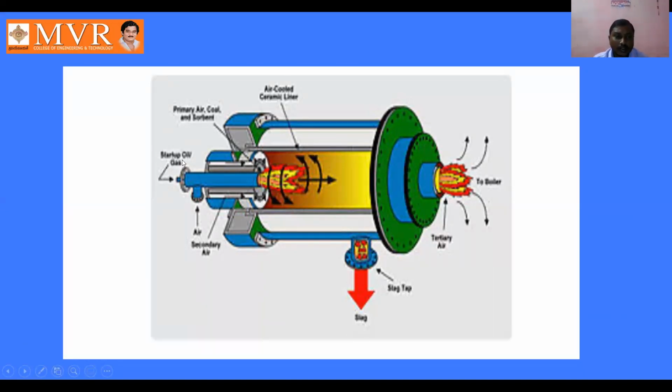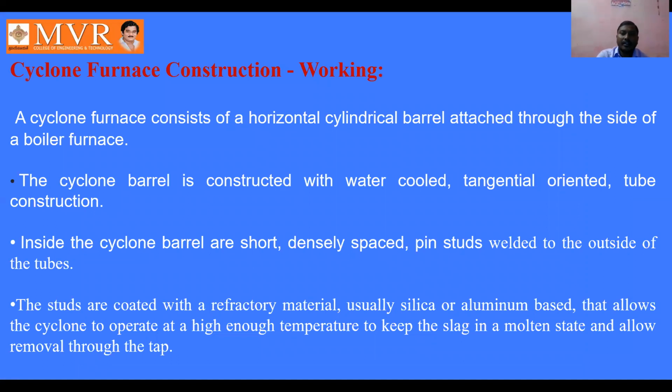See here what is happening. The air which enters from the bottom and the secondary air also enter in a tangential way into the horizontal cylindrical barrel. This is how the cyclone barrel is constructed.